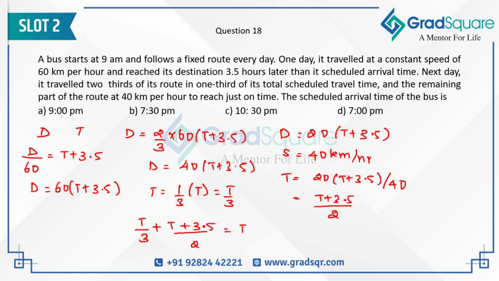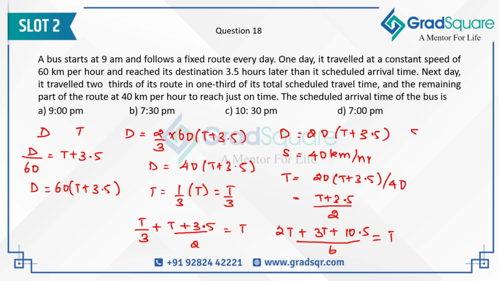So if I take LCM, what do I get? I get 3t plus 2t, sorry, this should be 2t, so 3t plus 2t plus 10.5 by 6 should be equal to t.